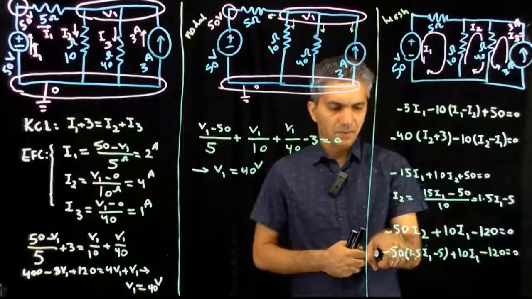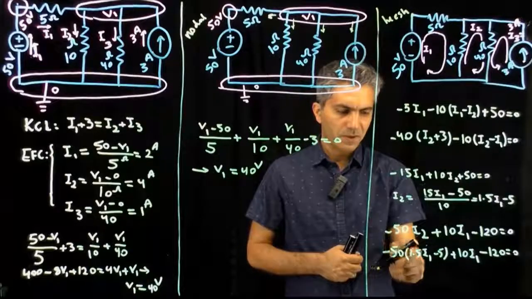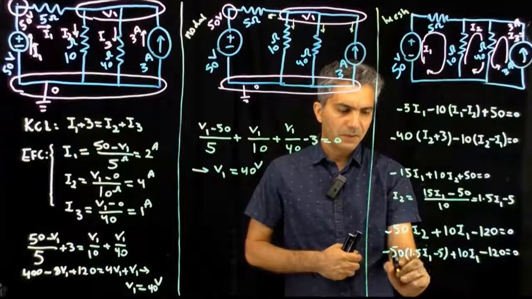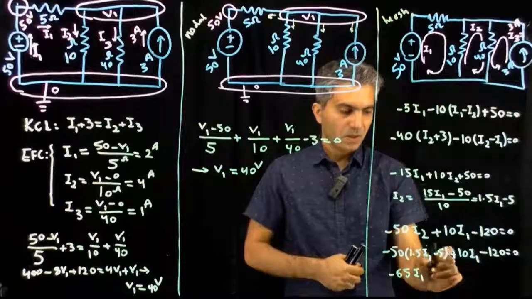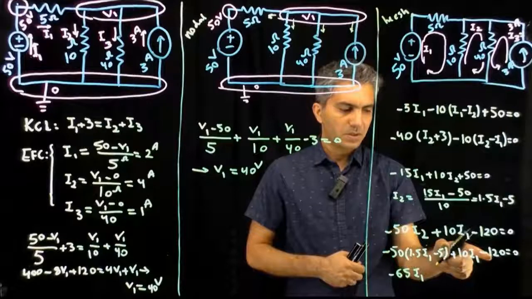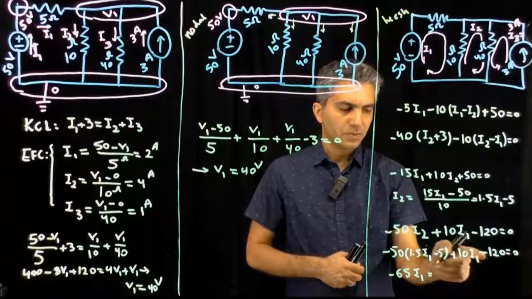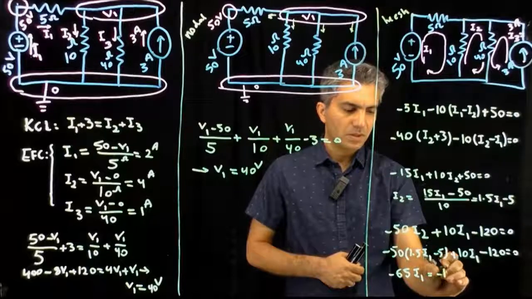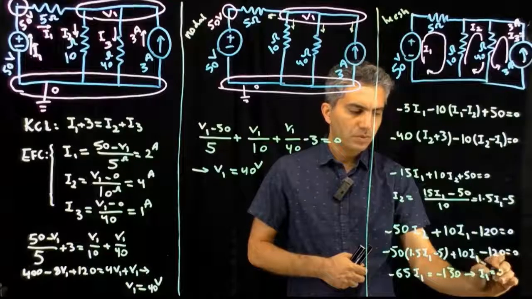So 50 times 1.5, that would be 75, so minus 75, and then plus 10, that would be minus 65, so minus 65 I1 is 250 minus 120, that would be 130, so onto the other side, minus 130, so from this I1 is equal to 2 amp.